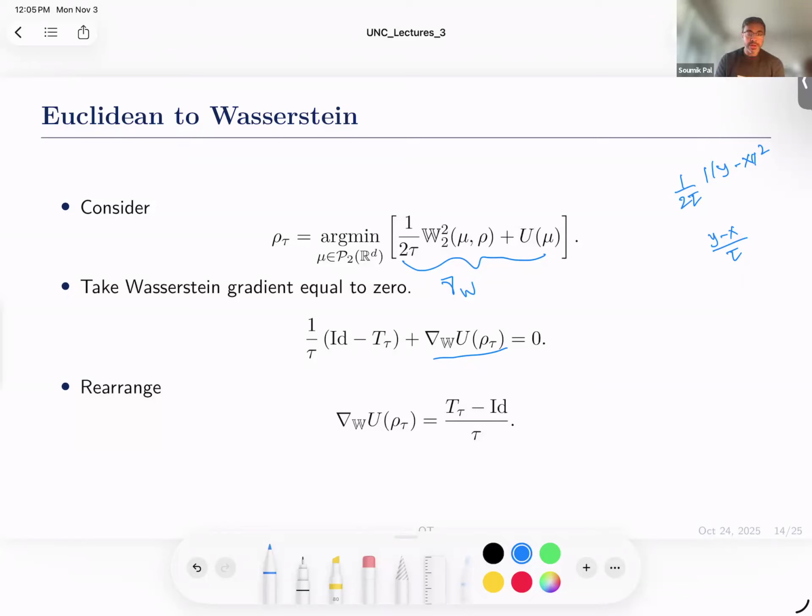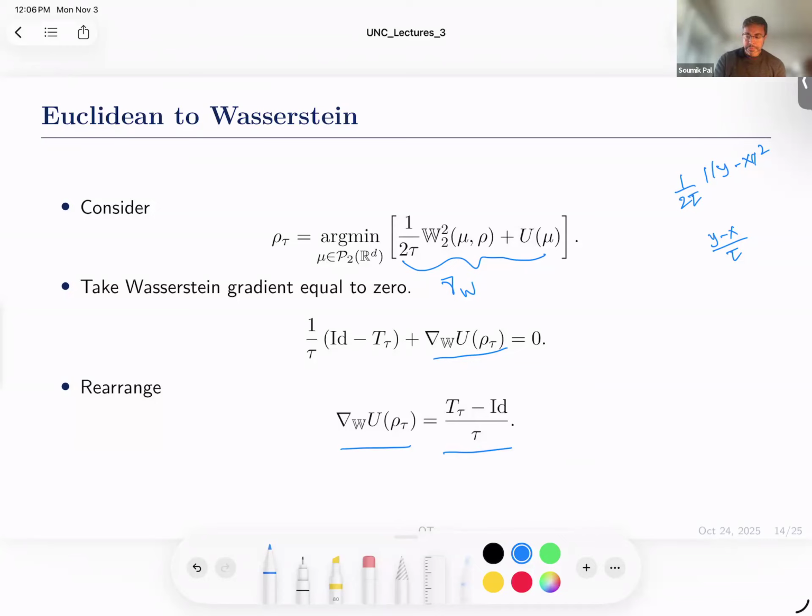This is my Kantorovich potential, the gradient of the Kantorovich potential. And so I can actually take my Wasserstein gradient of the right-hand side, put it equal to 0 by my first order condition, and that tells me this formula, if I rearrange, that the Wasserstein gradient of U at rho tau is T of tau minus identity over tau.